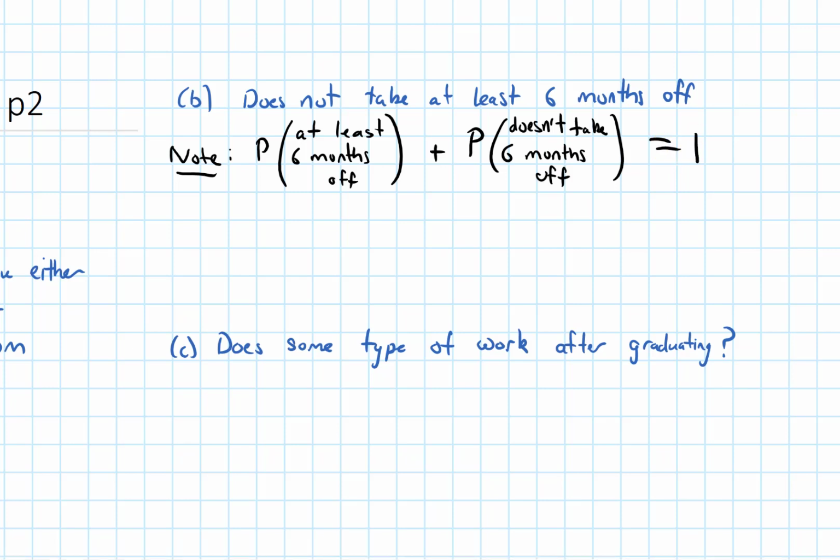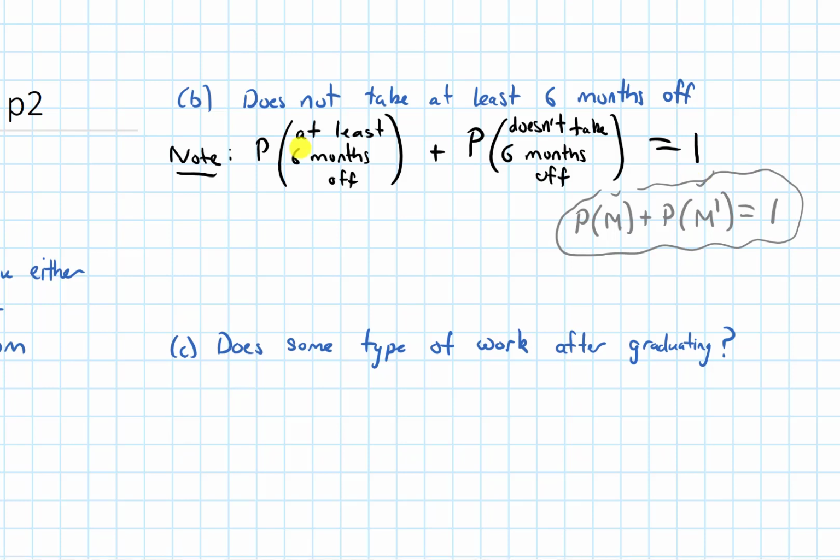In general, if you take the probability of some event, let me call it M, and you add it to the probability of the complement of M happening, those two events, M and M complement, collectively describe everything in the sample space. So when you add their probabilities, that should give us 1. I'm going to put that in a little bubble here.